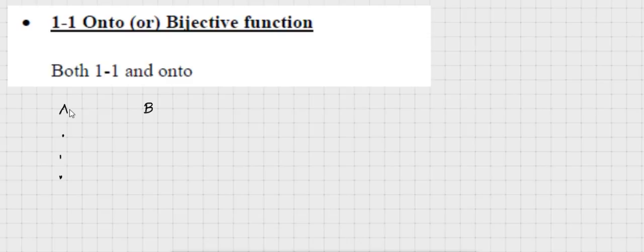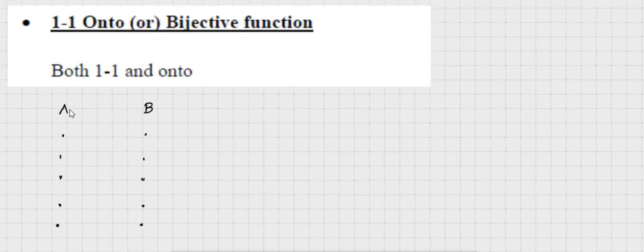It should satisfy the condition for a function, for one-to-one, as well as for onto. The observation here is this is only possible if both the sets, that is input set and output set, have the same number of elements. If that is not the case, it is not at all possible to define a one-to-one and onto function.